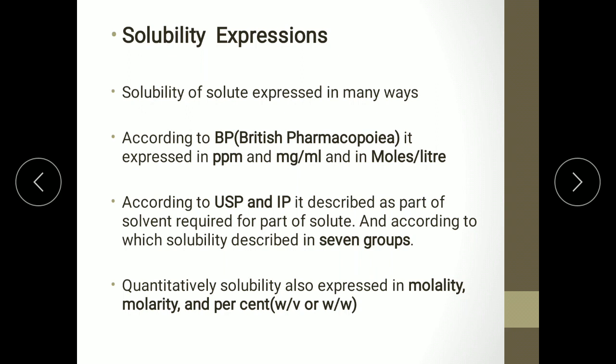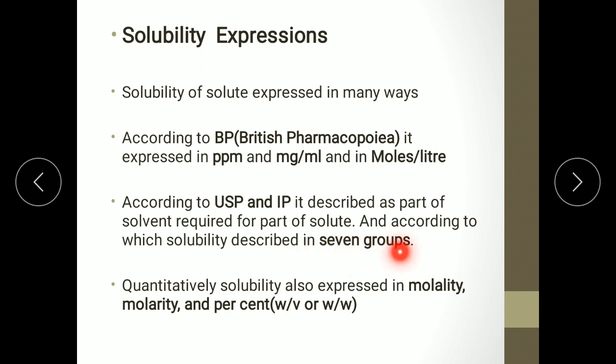I think this one we studied in inorganic chemistry, while we were studying pharmacopoeia, in detail about monographs. What are the contents of monographs? In it, how solubility will be expressed, according to USP and IP: one part dissolved in one part of solvent, what is it called; one part of solute dissolved in 10 parts of solvent, what is it called.